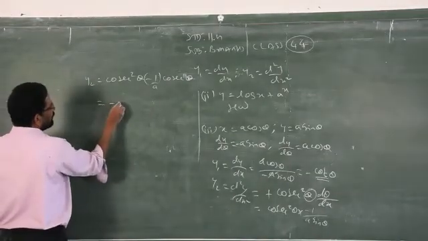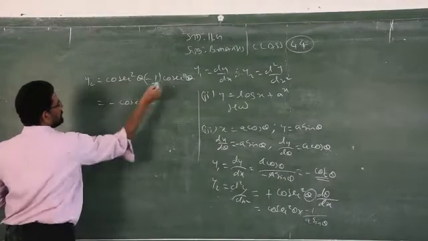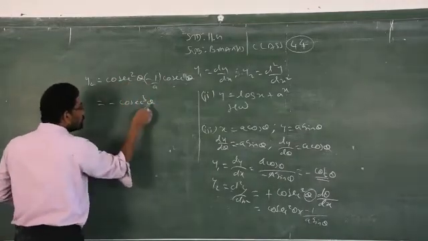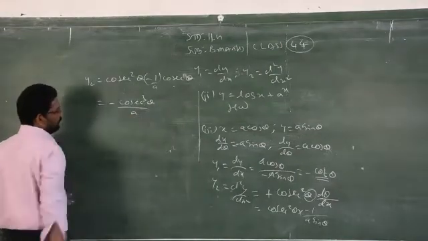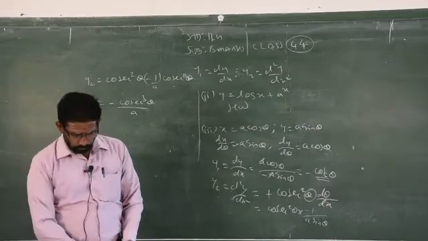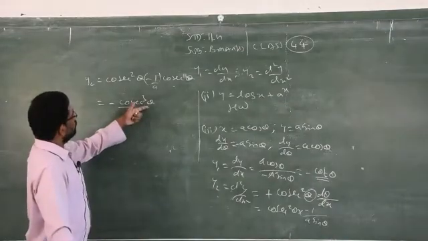Therefore, minus cosecant cube theta, like x square into x gives x cube. Therefore, cosecant square theta into cosecant theta is cosecant cube theta by a. So this is your required answer: minus 1 by a cosecant cube theta.